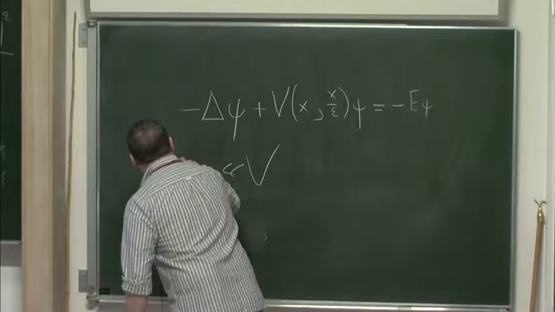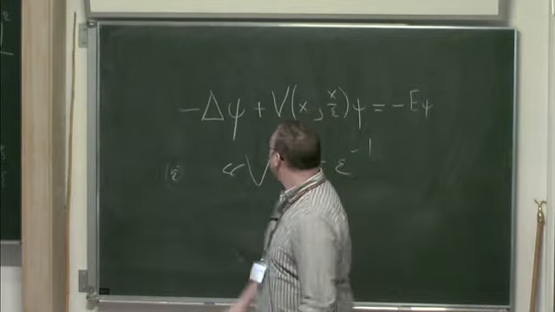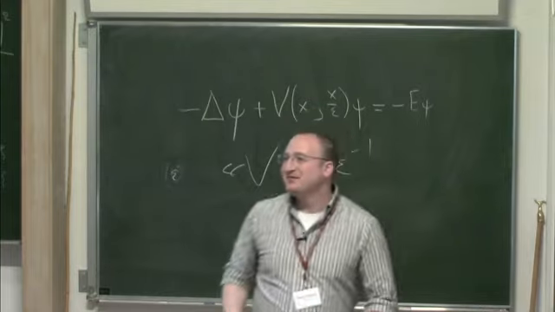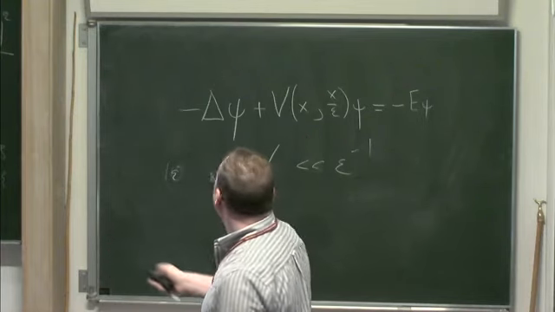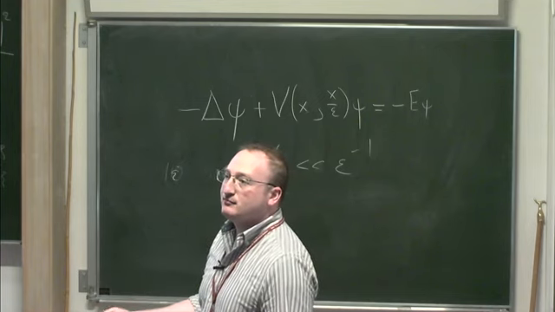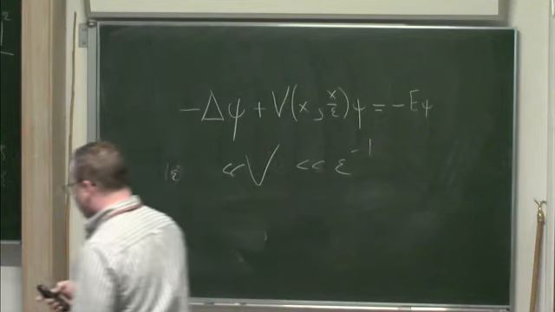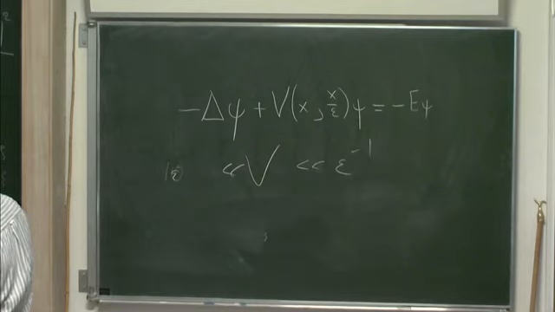I'm thinking about it this way. That's a different V. This velocity ratio I can interpret as order 1 on the epsilon scale. So we end up with this equation.